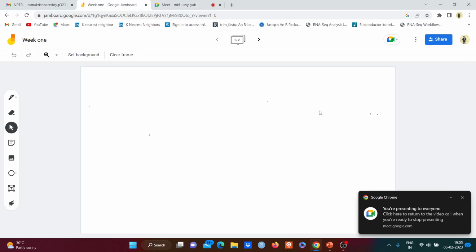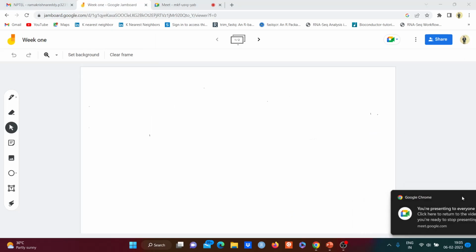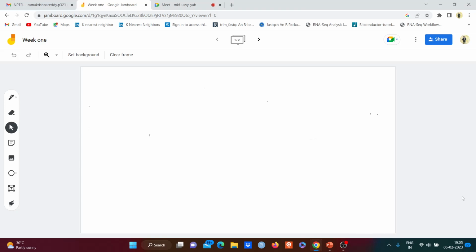This question I got all the correct answers. Everyone answered correctly. As I mentioned, 3 nucleotides together are called a codon, and these code for one amino acid.